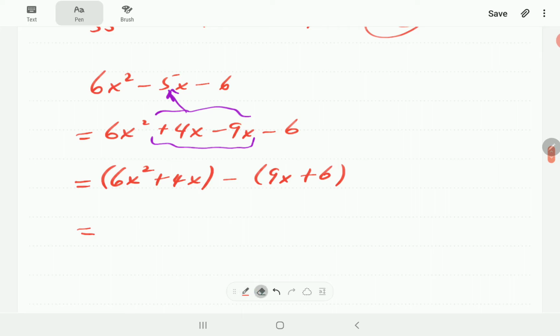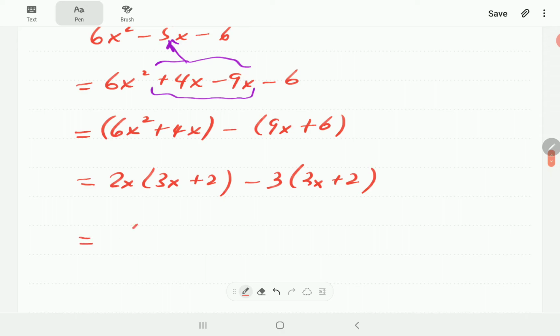So the common factor here is going to be 2x, so it's going to be 3x plus 2. Take away the common factor here, it's going to be 3, so that's going to be 3x plus 2 as well. Now 3x plus 2 is common in both of these terms, so we can factorize 3x plus 2. That leaves 2x there and minus 3 there, and that completes the factorizing.